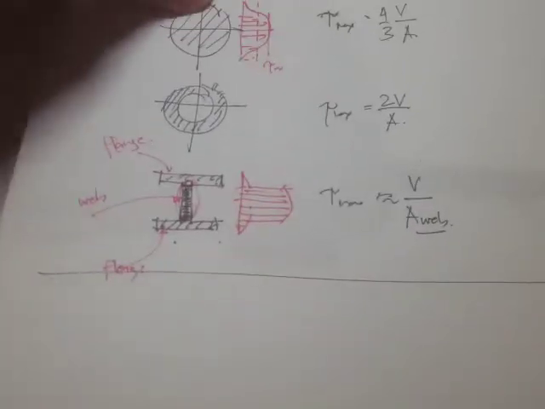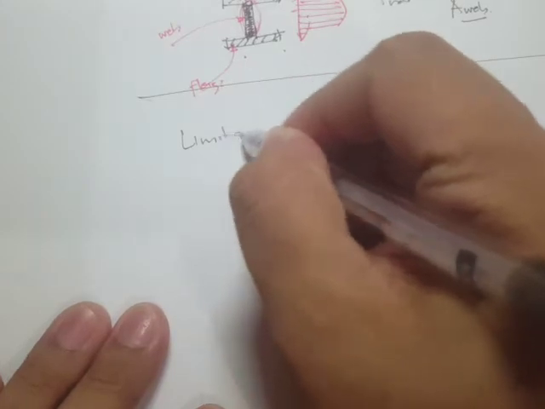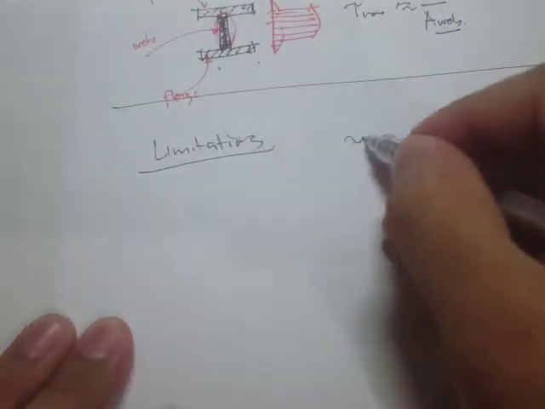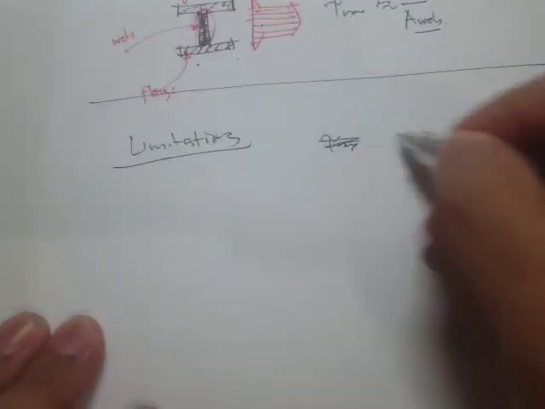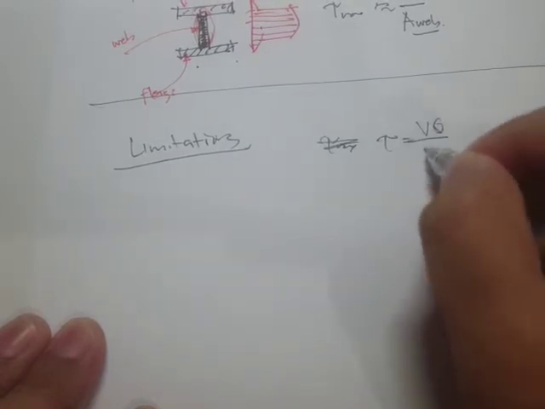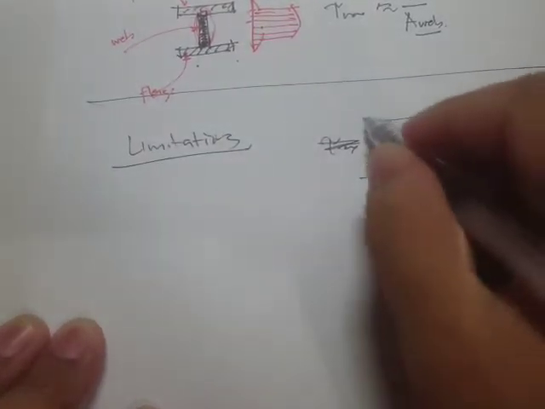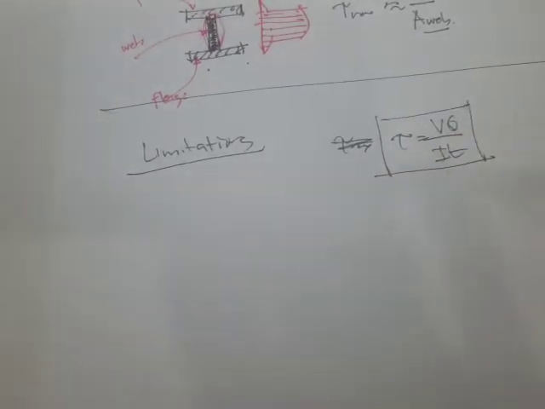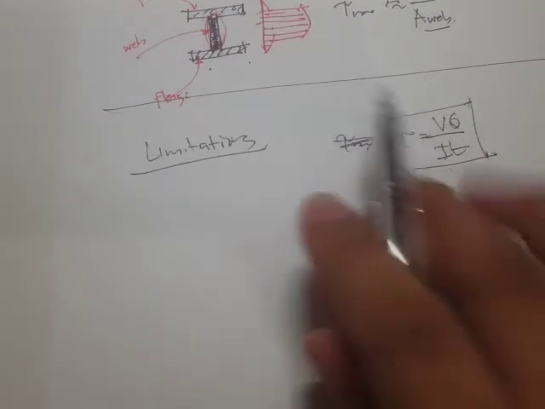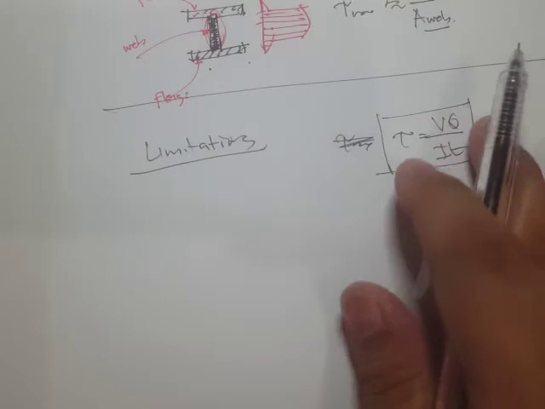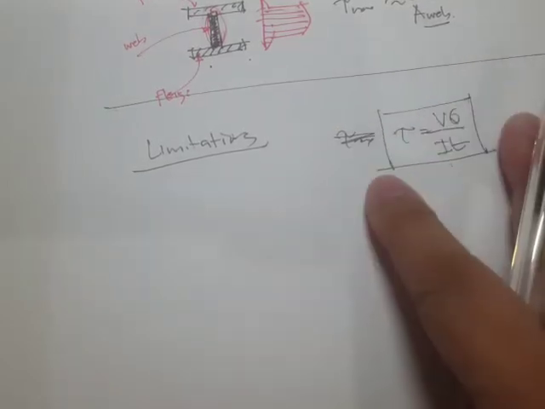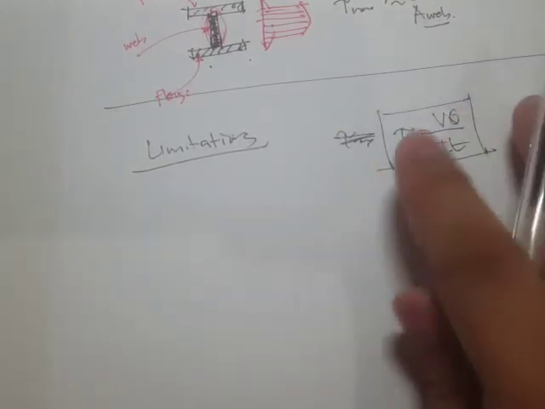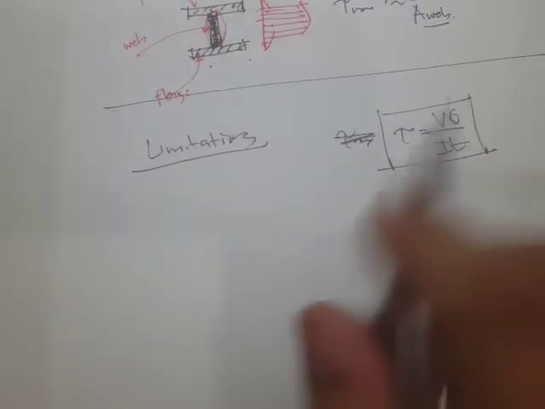We also need to take note of the limitations of the equation, shear is equal to VQ over IT, because if we apply this equation to situations beyond its limitations, then we'll get an erroneous result.